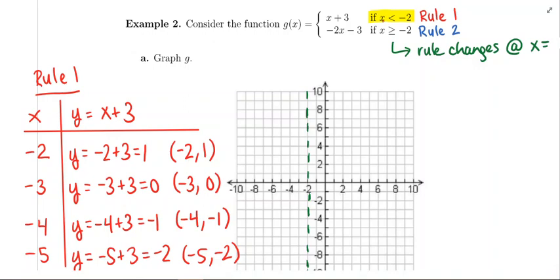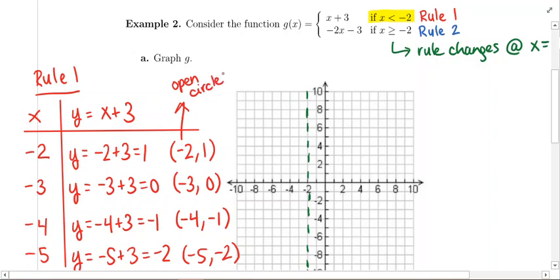It doesn't hold with less than or equal to. So you actually cannot plug negative 2 into this rule. That tells you the point negative 2, 1 is going to be an open circle. We have to exclude that point because we weren't allowed to plug negative 2 into this function.